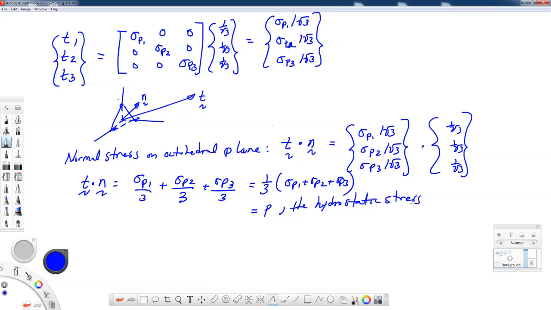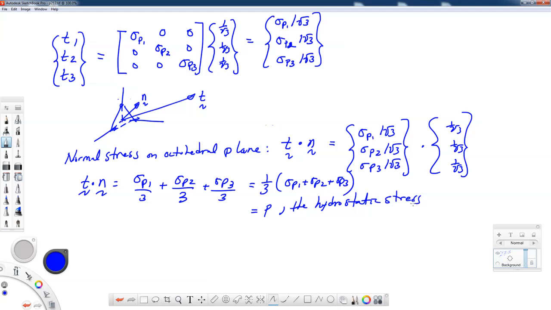Okay, so that in itself is kind of interesting. When we start off with our principal stress directions and we look at the octahedral plane, the plane that has the unit normal 1 over square root of 3, 1 over square root of 3, 1 over square root of 3, the normal stress acting on the octahedral plane is the hydrostatic stress, P. Now, if we have a ductile material that fails or yields because of shearing stresses, we've already discussed how the hydrostatic stress doesn't influence the yielding behavior of most of our polycrystalline metals.